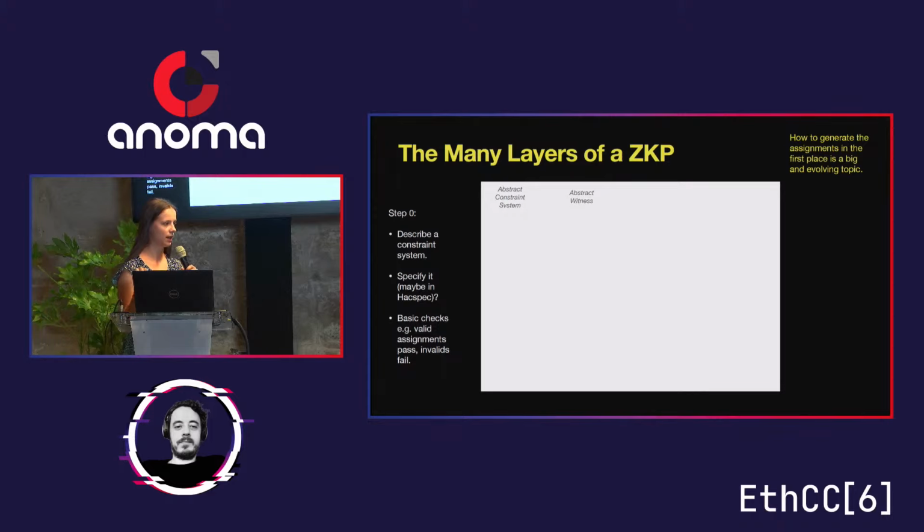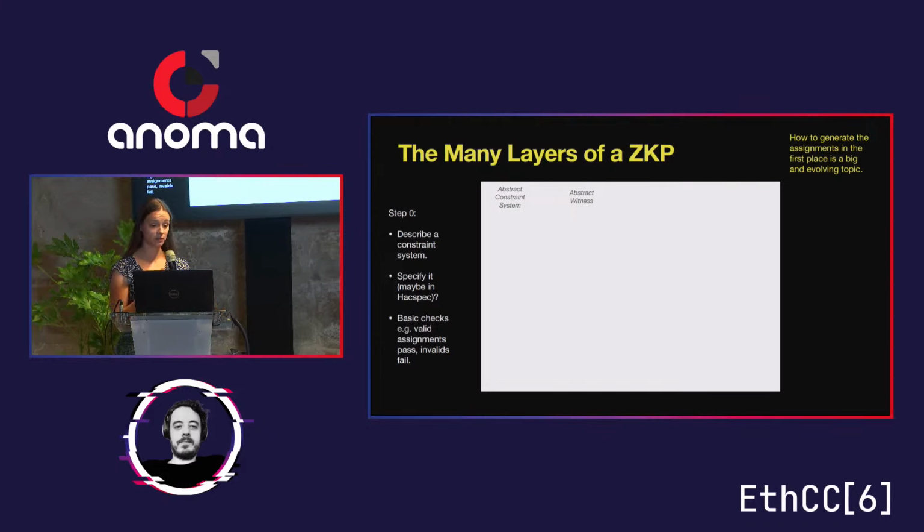So this is saying, what am I trying to prove? If I want to prove that something's an encryption, how am I going to tell that to the circuit? If I want to prove that I've done this fully homomorphic operation correctly, how am I going to encode that in such a way that my proving scheme knows that this is what I'm trying to prove? So our first step is really trying to describe the constraint system, specify it.